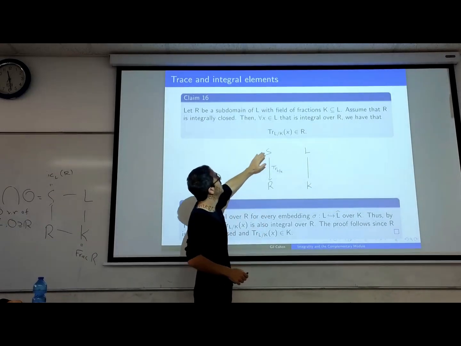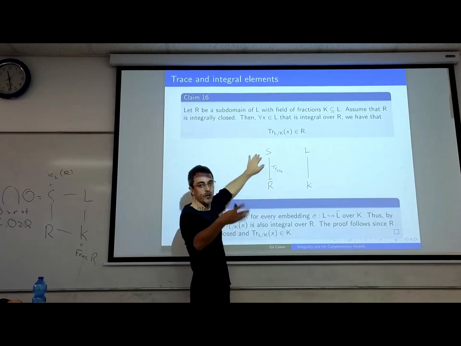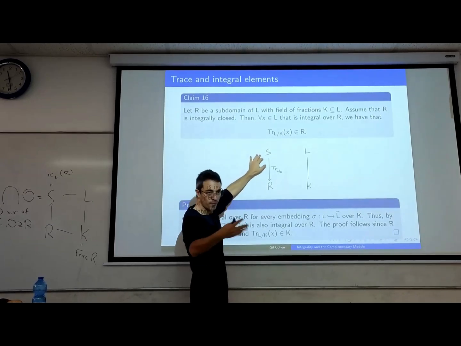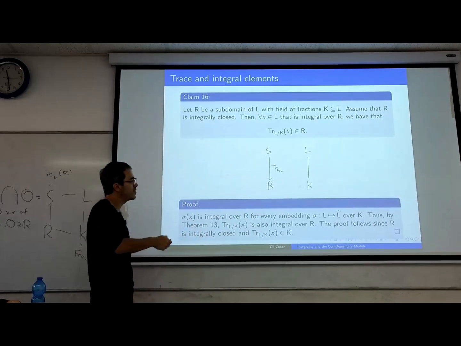And S is the integral closure, which we know is the intersection of all valuation rings containing R. Never mind that. The trace will respect that arrow.